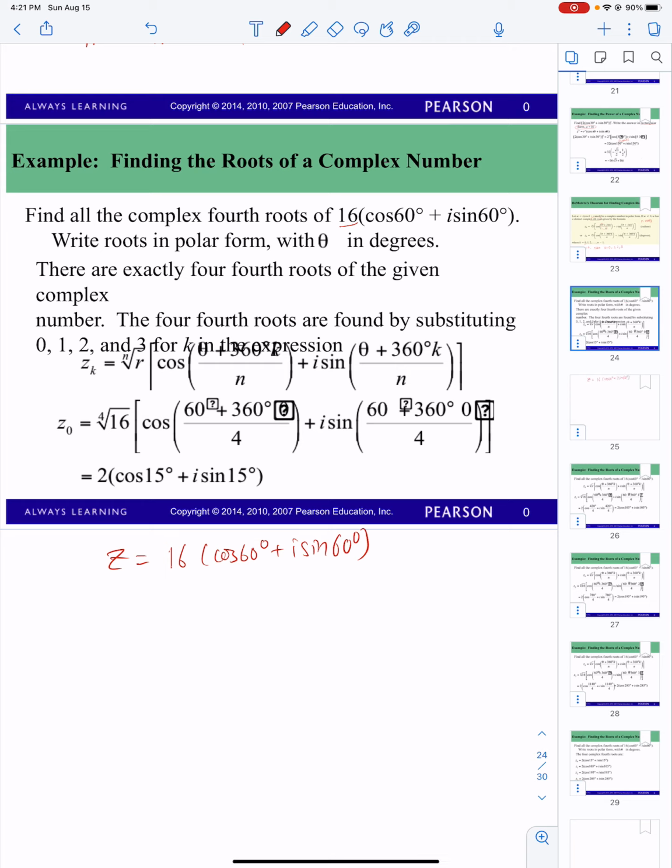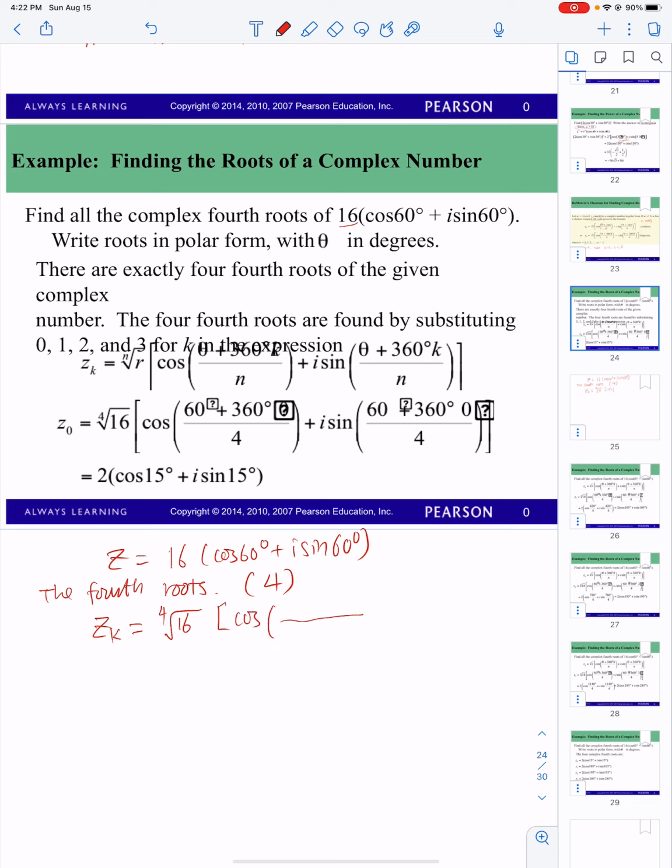So what do we want? The fourth root. This means how many do you have? 4. So what will be the jk? jk equals the fourth root of 16 times cosine.